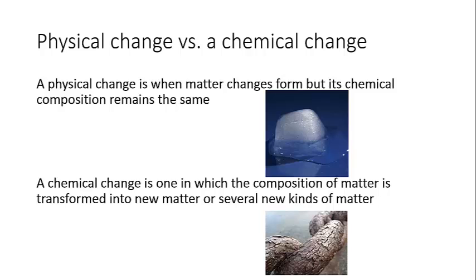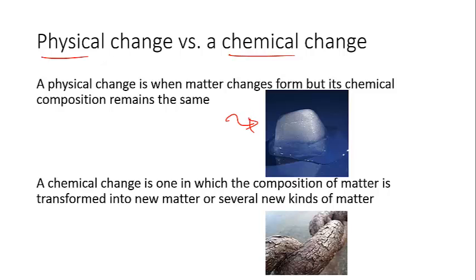Matter can undergo two different types of changes. It can undergo a physical change or it can undergo a chemical change. Now, a physical change is when matter changes form, but its chemical composition remains the same. And a great example is when you leave an ice cube on your kitchen counter.